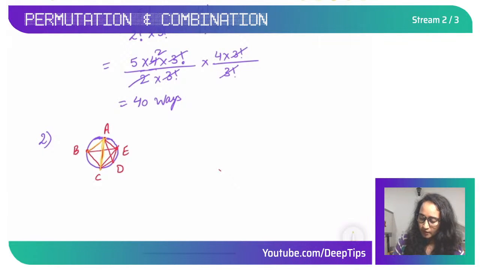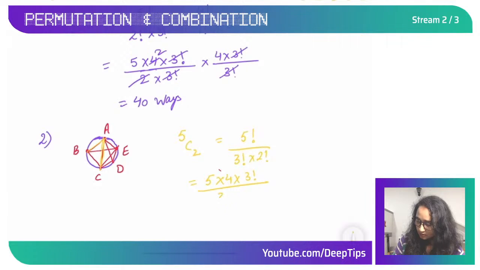So here, out of my 5 points, I have to select 2, because a chord can be drawn by joining 2 points. So 5 factorial upon 5 minus 2 is 3 factorial into 2 factorial. Correct? So if I solve it further, 5 into 4 into 3 factorial upon 3 factorial into 2 factorial.